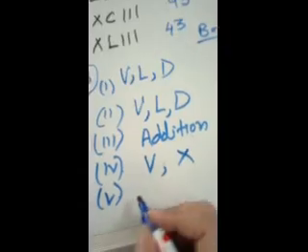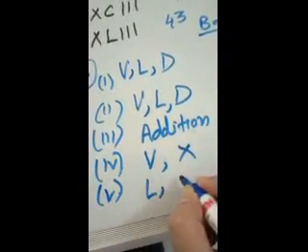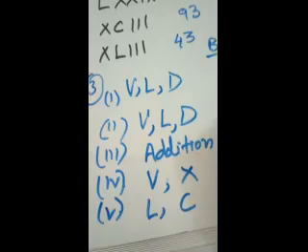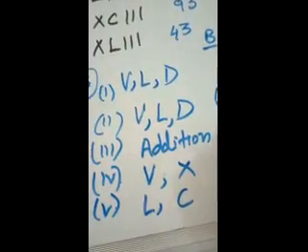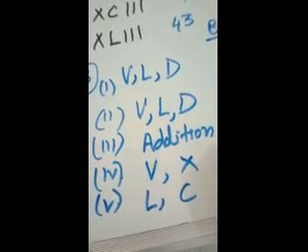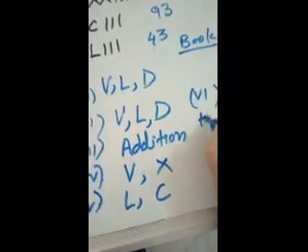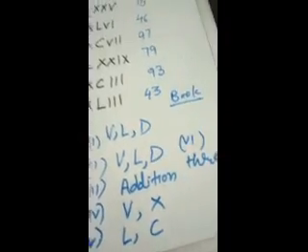X can be subtracted from L and C. We write 40 and 90. Blank number 6. Each of the symbols I, X, C, M can be repeated at the most 3 times. So this is answer number 1, 2 and 3.